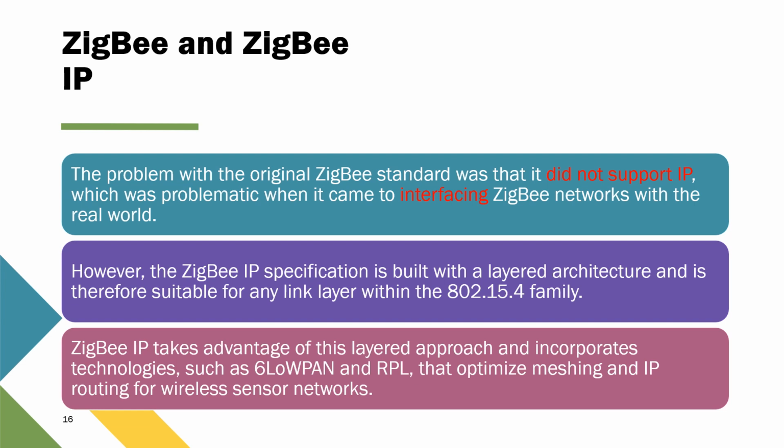However, the Zigbee IP specification is built with a layer architecture and is therefore suitable for any link layer within the 802.15.4 family. So Zigbee IP takes advantage of this layer approach and incorporates technologies, for example 6LoWPAN and RPL, that optimize meshing and IP routing for wireless sensor networks.